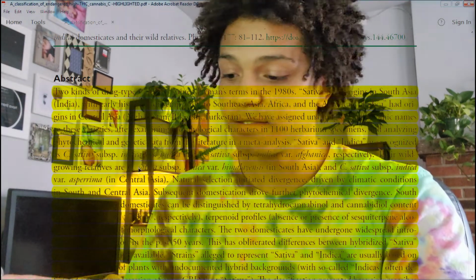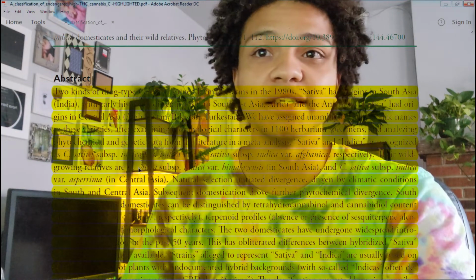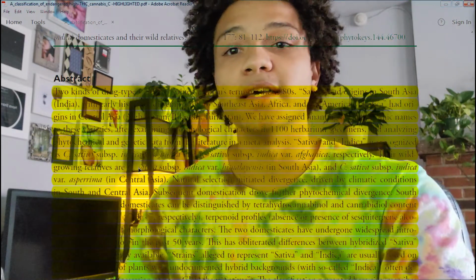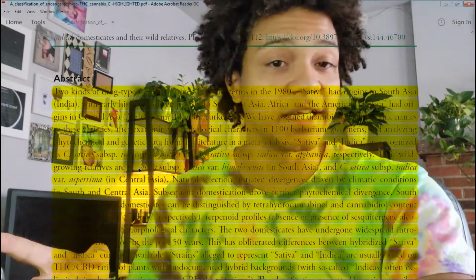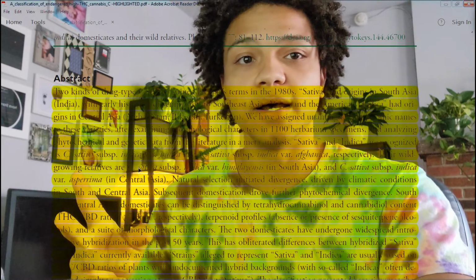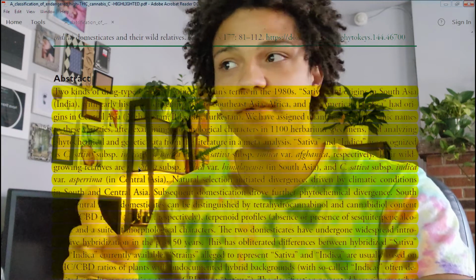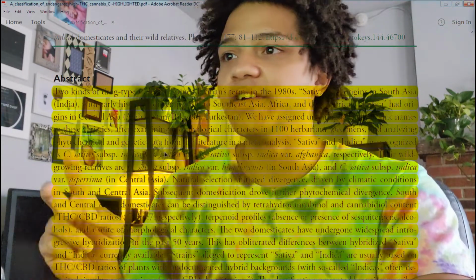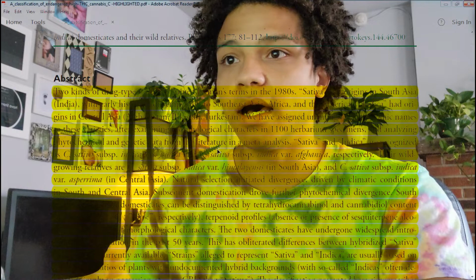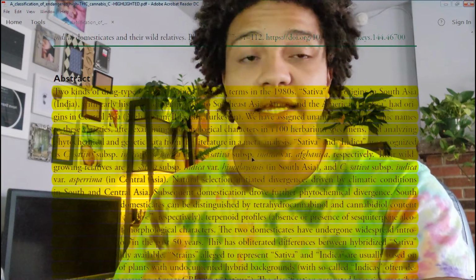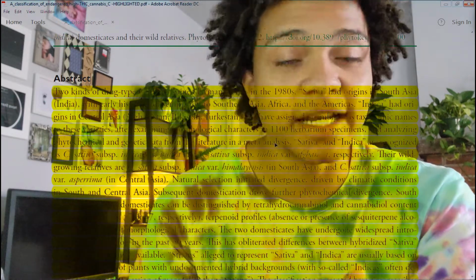It's a little counterintuitive because it's sativa, but it has indica variation indica in its name. That's just because of the region it was named in, I believe, because of India. And then your classical indica is Cannabis sativa subspecies indica variation afghanica.